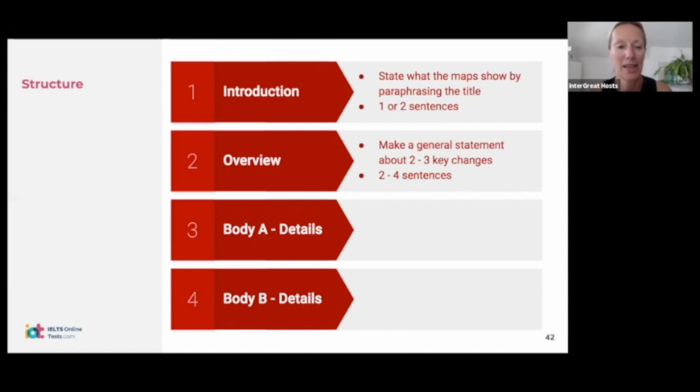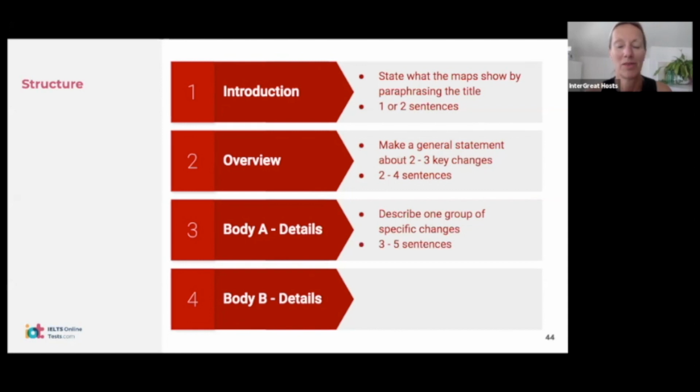How about body A? Okay, so we're going to look at exactly what changes were, in a minute, but you're describing one group of specific changes. How long should that be? 2 sentences, 4.